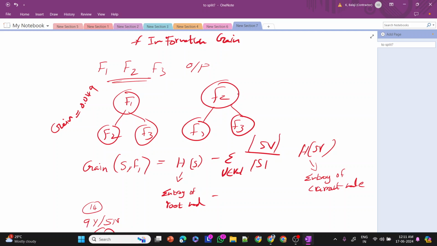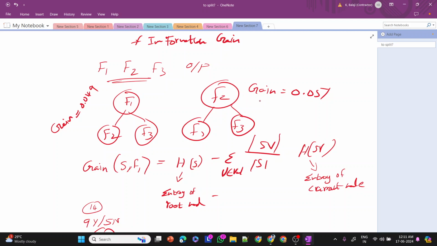For this tree-like structure, let's assume that when we choose F2 as the root node we get 0.051. Whenever we choose F1 as the root node we get 0.049, and whenever we choose F2 as the root node we get 0.051.